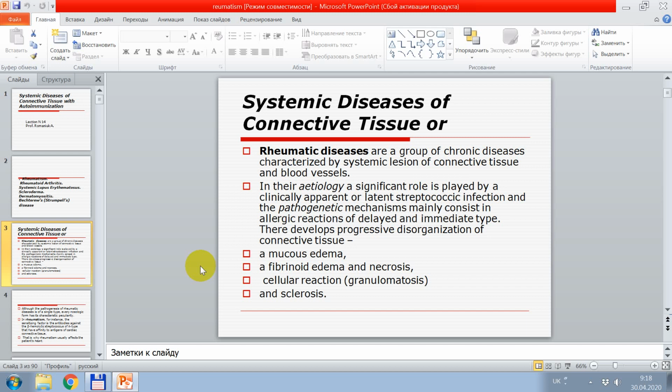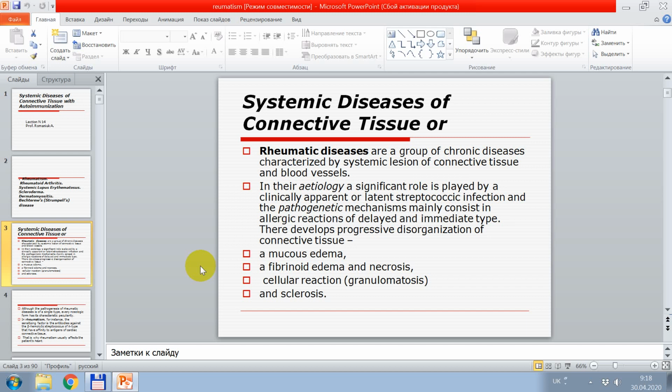These are a group of chronic diseases characterized by systemic lesion of connective tissue and blood vessels. In their etiology, a significant role is played by clinically apparent or latent streptococcus infection, and the pathogenetic mechanism mainly consists in allergic reactions of delayed and immediate type.